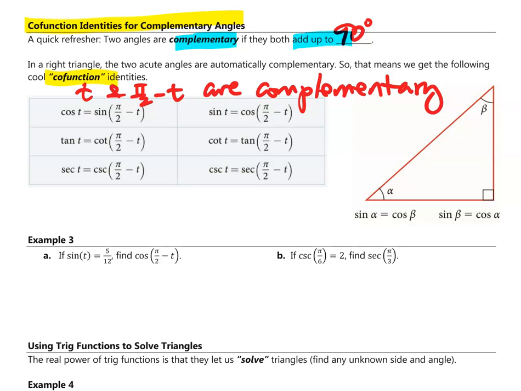Okay, take a look at this right triangle. We have alpha and beta.